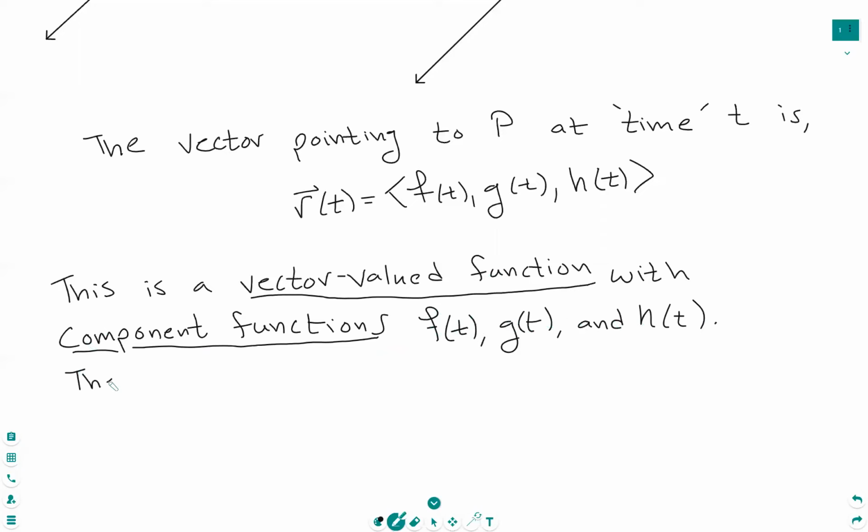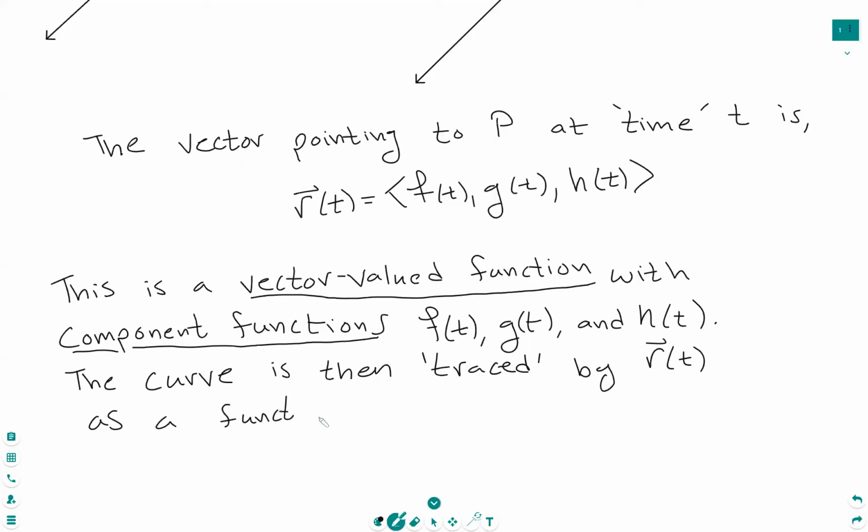So the curve is then traced by this r vector as a function of our parameter t.